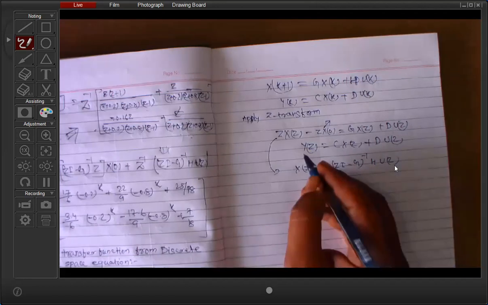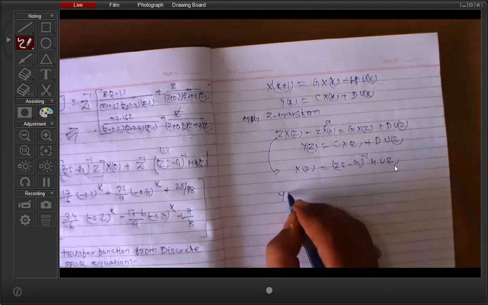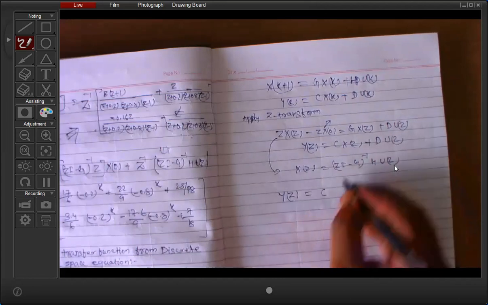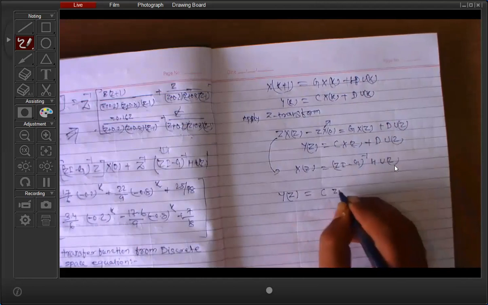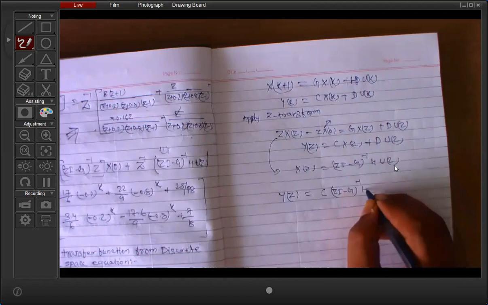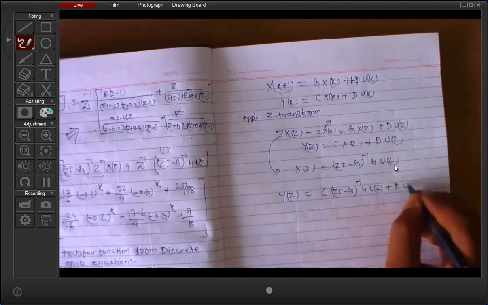Now we have to put this value in the output equation. So the output equation is equal to C into, putting the value, (zI minus G) inverse into H into U(z) plus D into U(z).